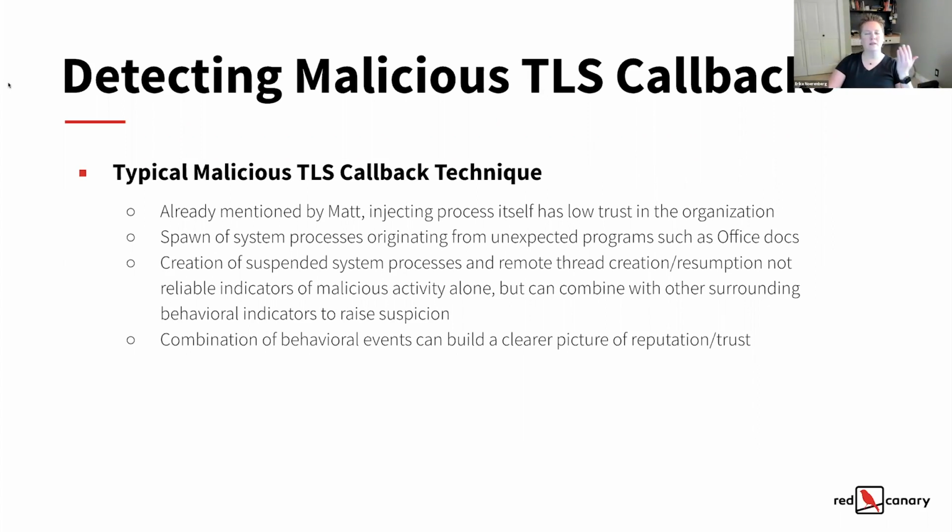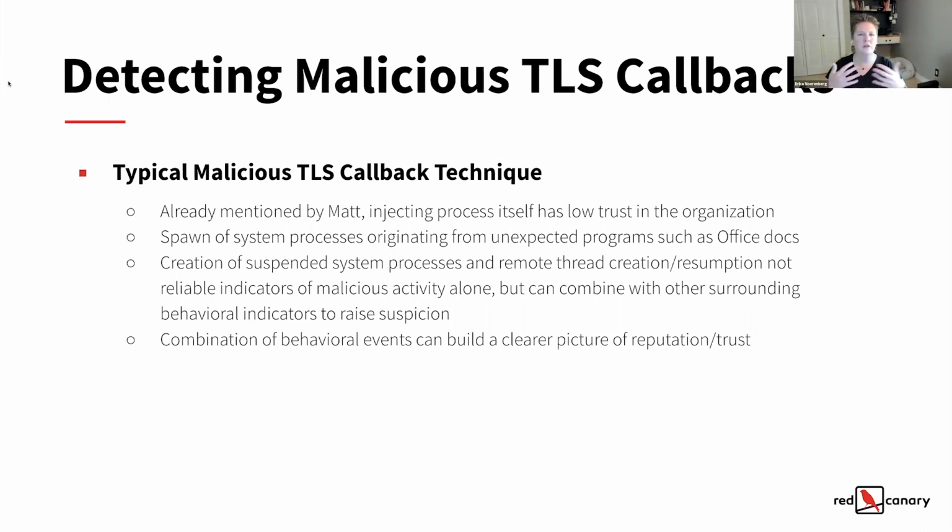So like Matt said, what's the reputation or trust level of the originating process in the environment or just globally? Is the observed behavior expected for that process? For example, you wouldn't expect an Office document to spawn explorer.exe. So it's more of a greater picture.